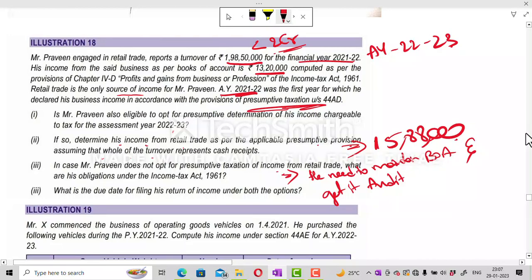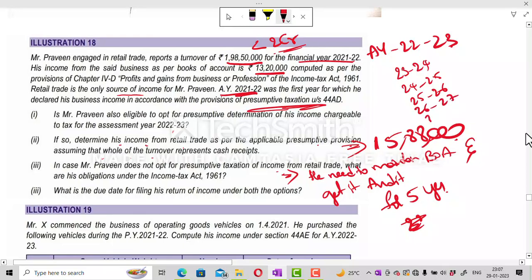We have studied that just now. But another obligation, another flaw for him, is that he cannot offer presumptive taxation for 5 years. This year anyway they are not opting. From 23-24, 24-25, 25-26, 26-27, 27-28, all these 5 years they cannot offer presumptive taxation. Every year he needs to maintain the books of accounts.